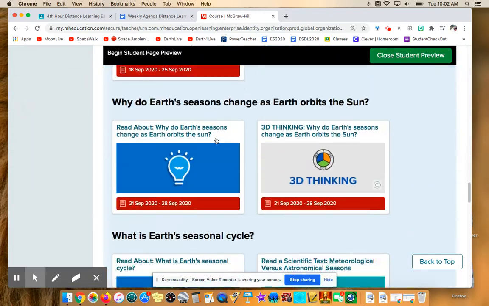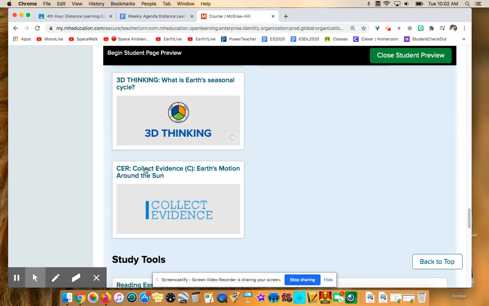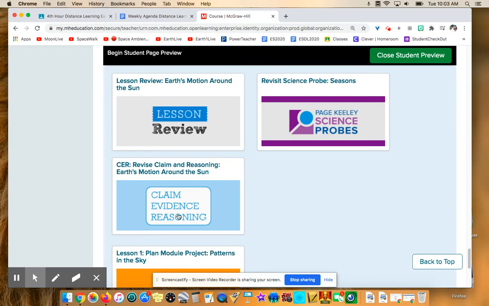Pages that will be assigned to you today are this 3D thinking, what is Earth's seasonal cycle, CER collect evidence C, and CER revise claim and reasoning, Earth's motion around the sun. Those are your assignments today.